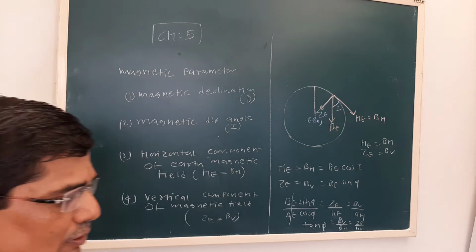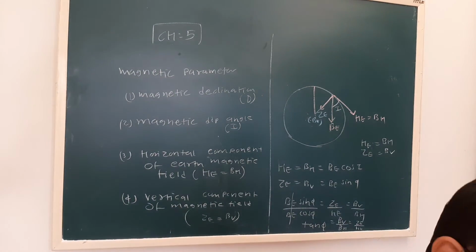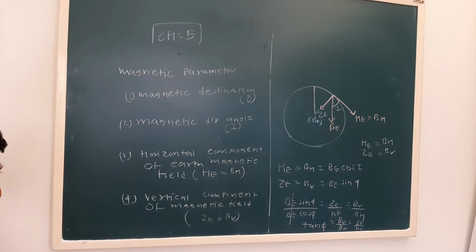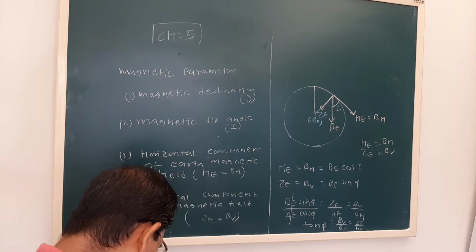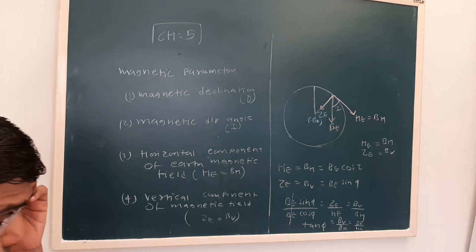Next we have to study magnetization and magnetic intensity. In the fourth lesson, we studied the magnetic field of a solenoid or a toroid. Here we have to establish the relation.